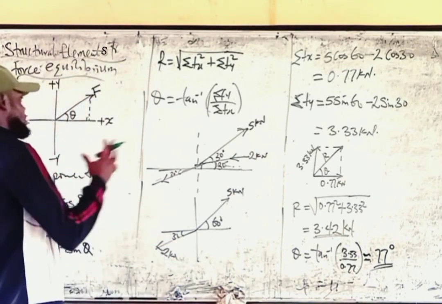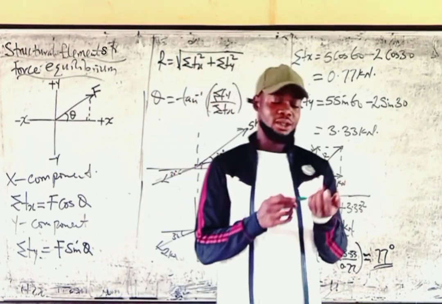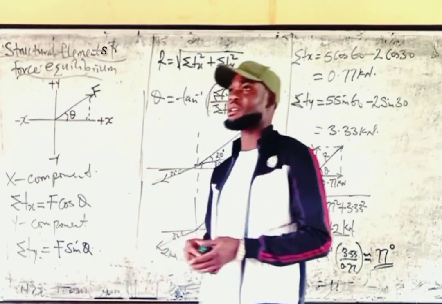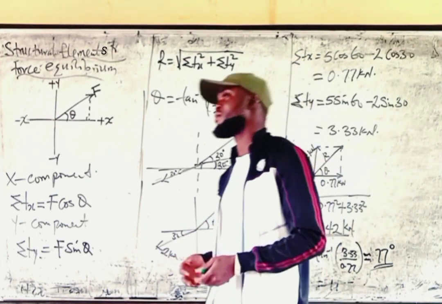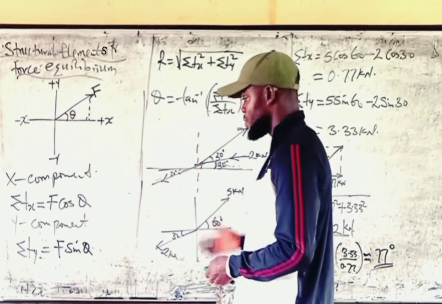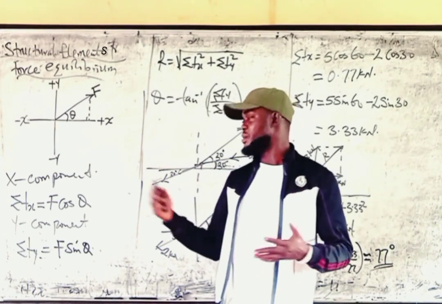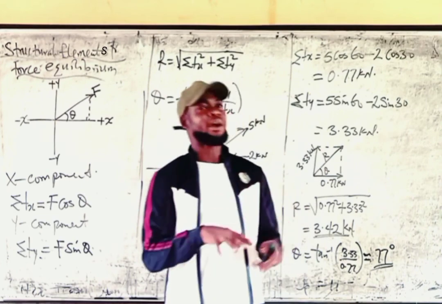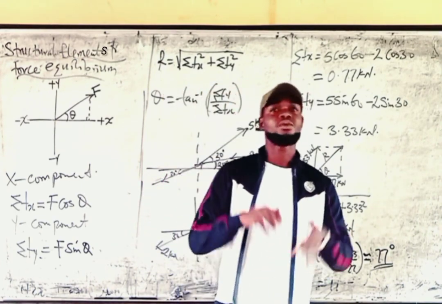As you can see, this is the same thing we saw before, but with different methods. This is how to use the components of forces to find the resultant force, and the first one we did was how to use the parallelogram of forces to find it. Both of them work, but the parallelogram of forces only works for two forces.